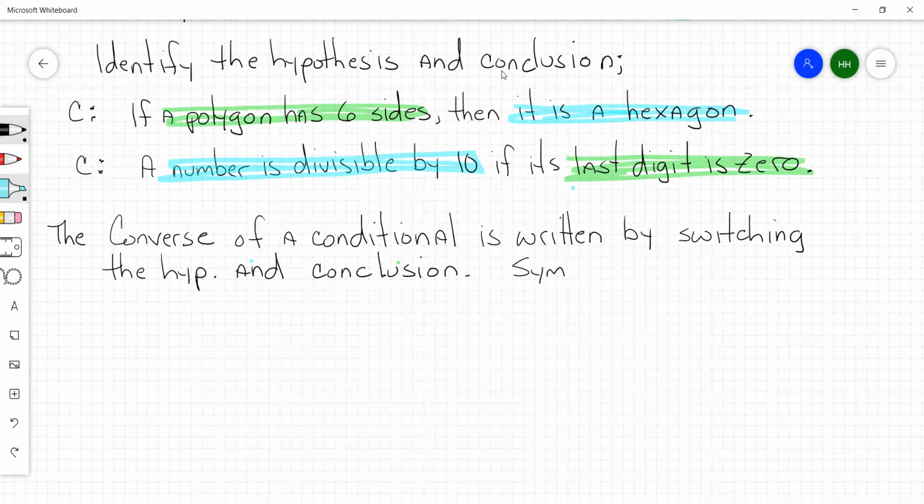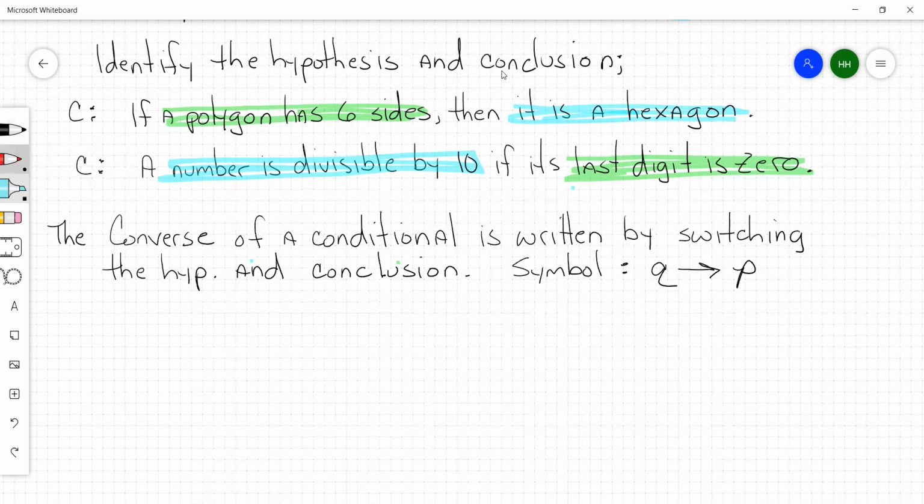Symbol: Q arrow P, which you would read if Q, then P. The converse of a conditional is written by switching the hypothesis and the conclusion.